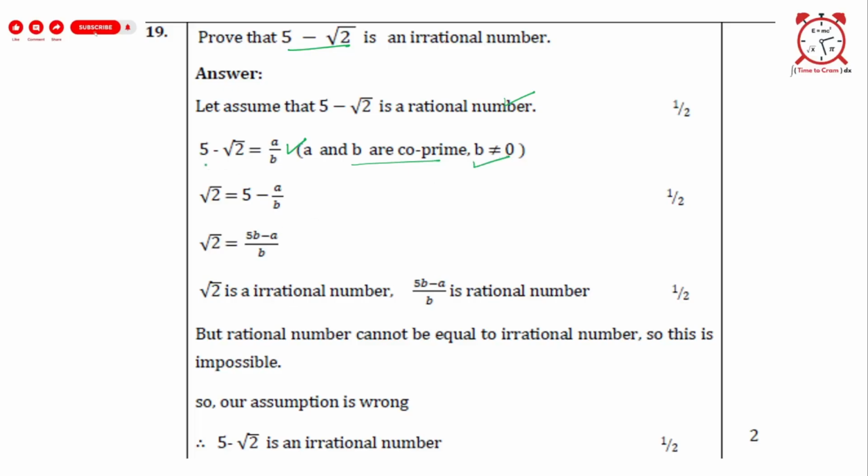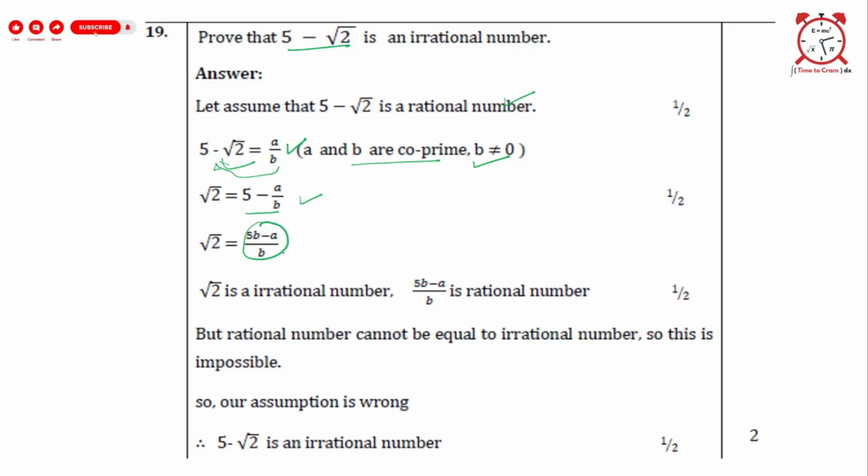Now let us move 5 minus root 2 from here and a upon b from RHS to LHS. Then we will get the equation in that way. Now after simplifying this, we are getting 5b minus a divided by b, taking the LCM as b.